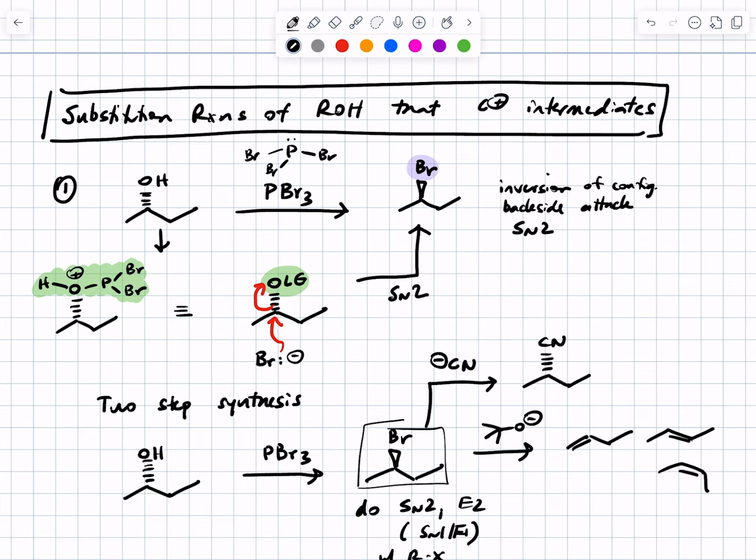I applaud the question. It's really good. I don't know that I have a great answer. I will punt. I will give you a brief answer, but it's not anything to worry about. Oxygen-phosphorus bonds are actually strong, so it's pretty energetically favorable to do this. That's what makes the new bond between oxygen and phosphorus, and bromide has to leave from phosphorus when that happens.